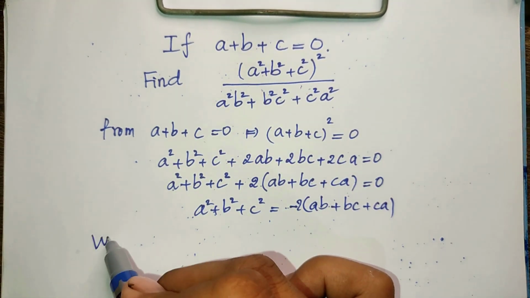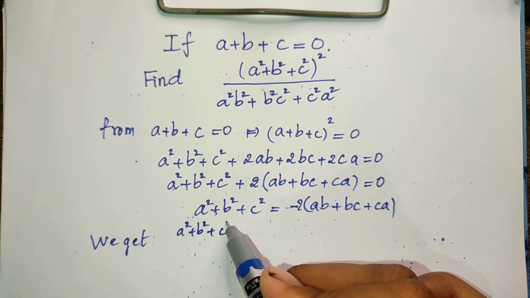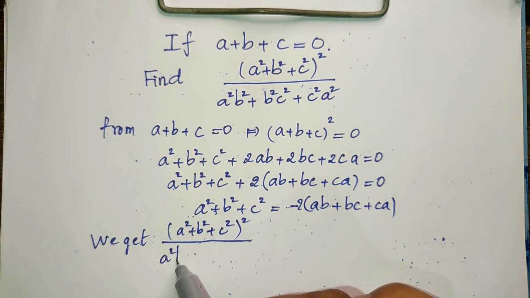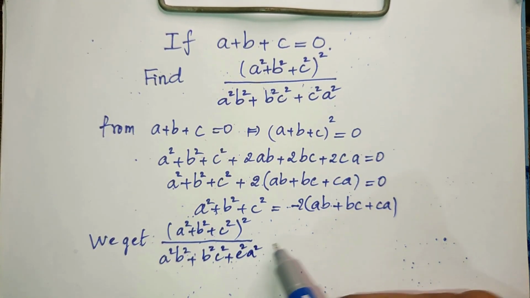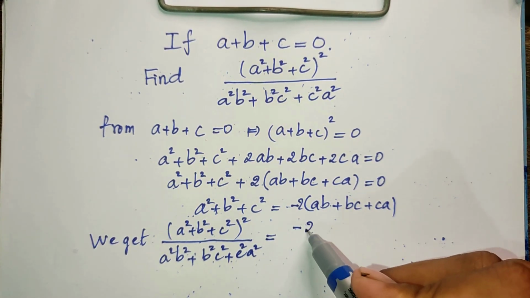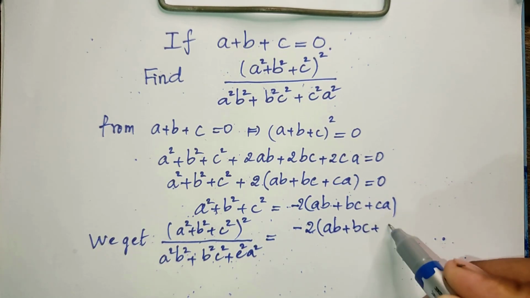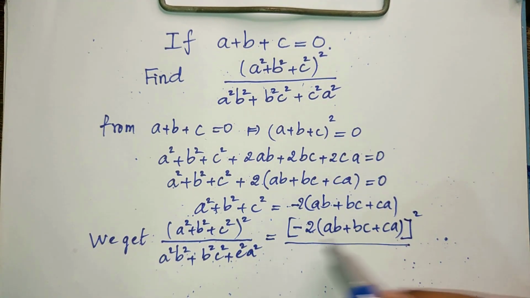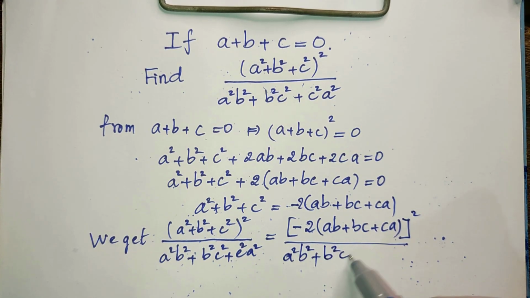Now I replace it into this expression. So we get (A squared plus B squared plus C squared) all squared, divided by A squared B squared plus B squared C squared plus C squared A squared, which equals (minus 2 times (AB plus BC plus CA)) all squared, divided by A squared B squared plus B squared C squared plus C squared A squared.